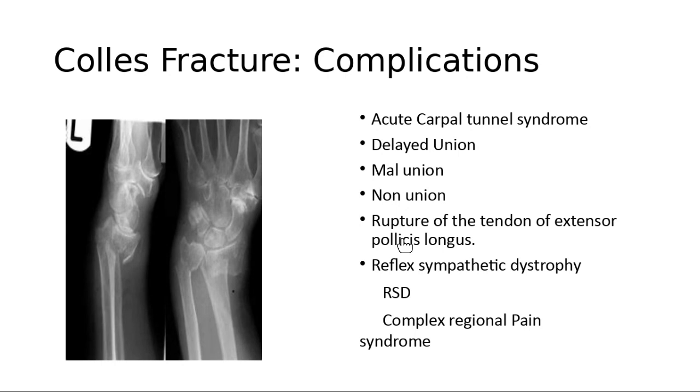Other complications that you can get: rupture of the tendon of the extensor pollicis longus. The tendon of the extensor pollicis longus is on the dorsum, that's the back of the wrist. And you'll learn these terms: dorsum, meaning the back, or the volar surface, meaning the front of the wrist.